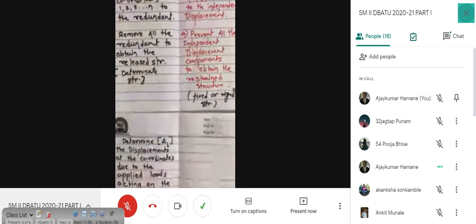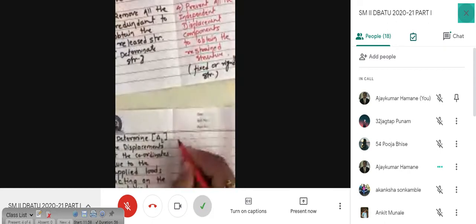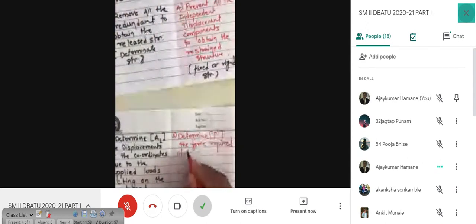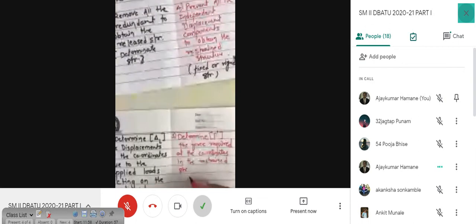And here fifth, determine P dash, the force required at the coordinates in the restrained structure due to the loads other than those acting on the coordinates.